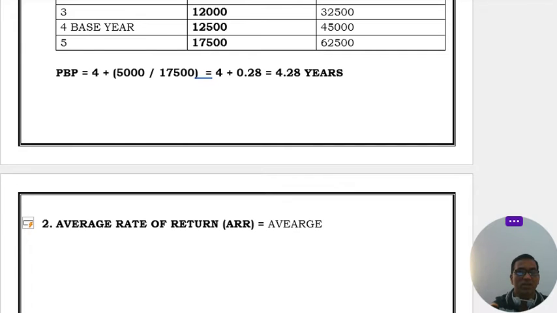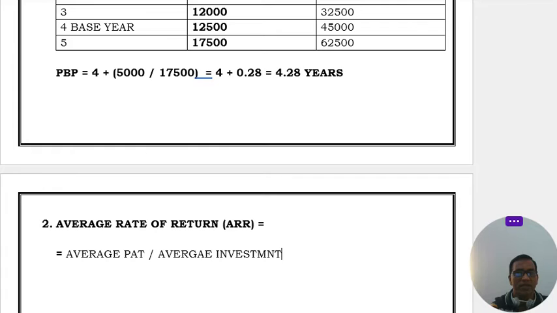The formula is average profit, average PAT, divided by average investment, multiplied by 100. This is the formula.